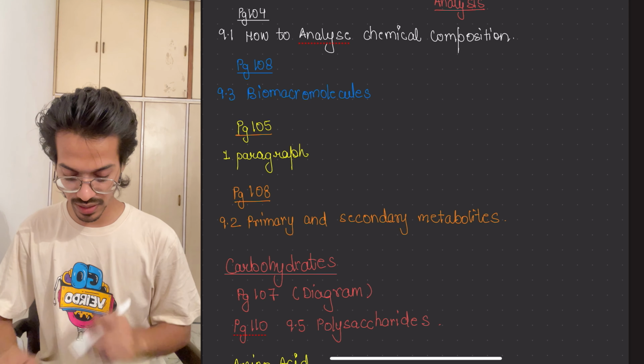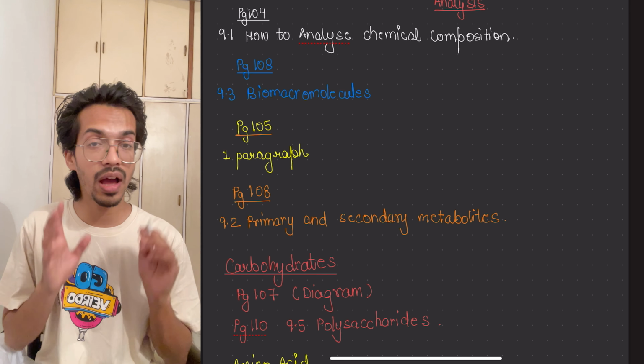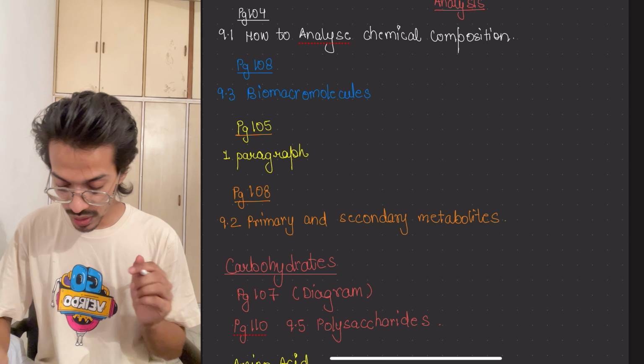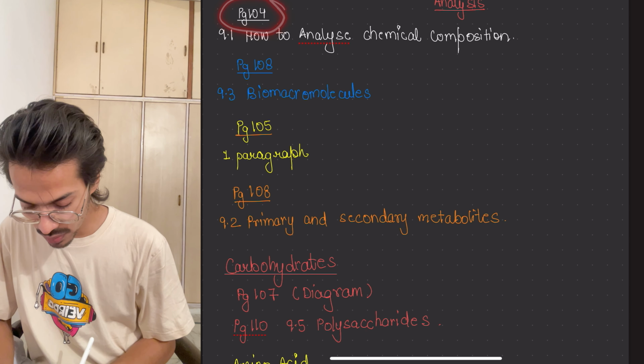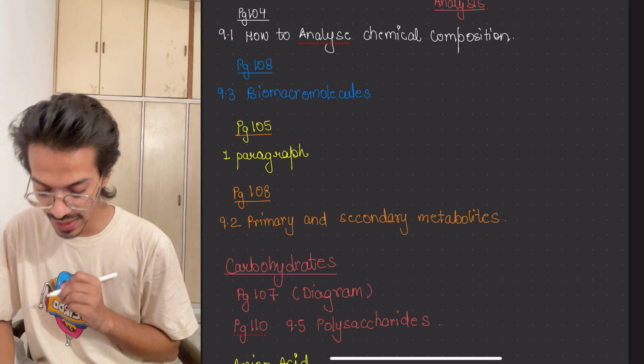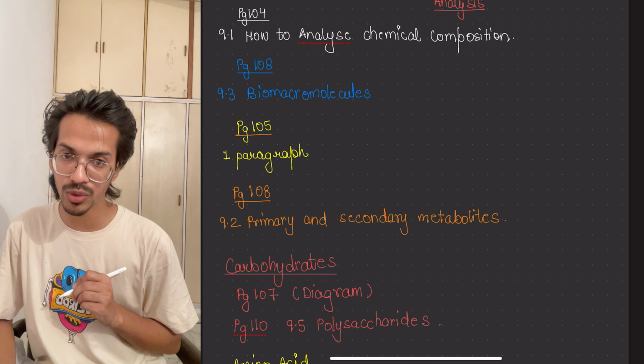Moving on, the first thing was analysis. I am referring to the latest NCERT for it. It starts from page number 104. In this, you have to do topic 9.1, which states how to analyze a chemical composition.